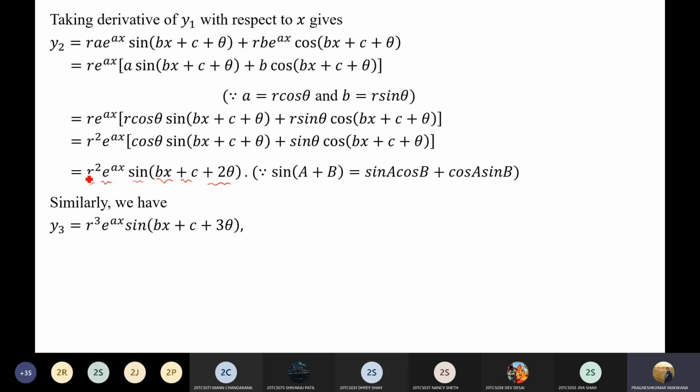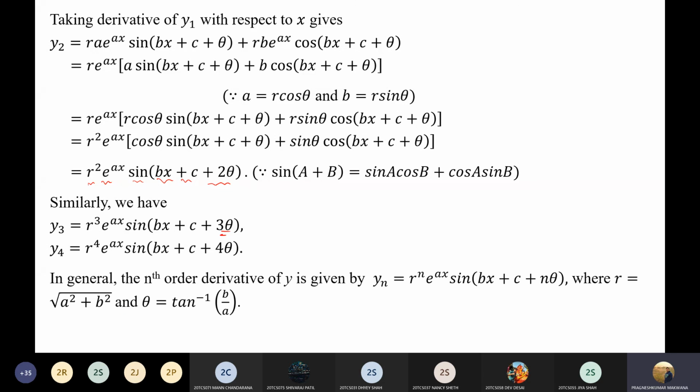So y3 is equal to r cube e raised to ax sine of bx plus c plus 3 theta. And so on, up to the nth derivative that we obtain here. You can remember this nth derivative, where r is under root a square plus b square and theta is equal to tan inverse b by a. Similarly, we obtain the second result, e raised to ax cos of bx plus c.